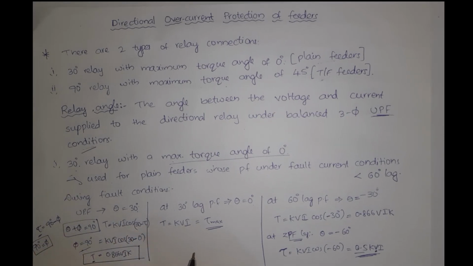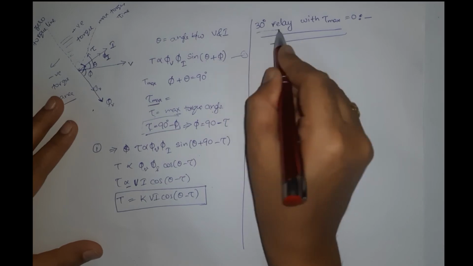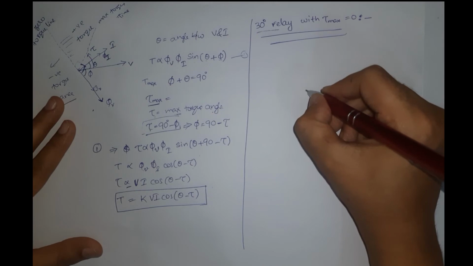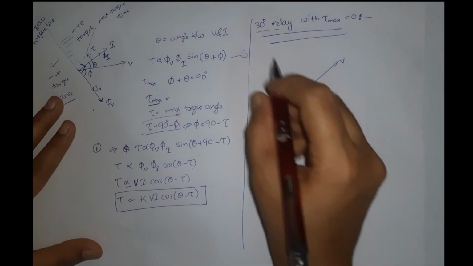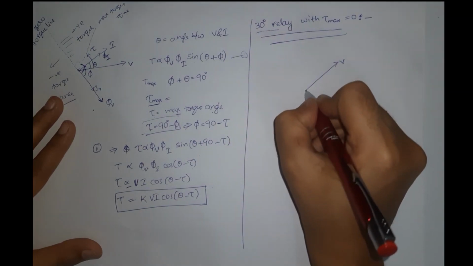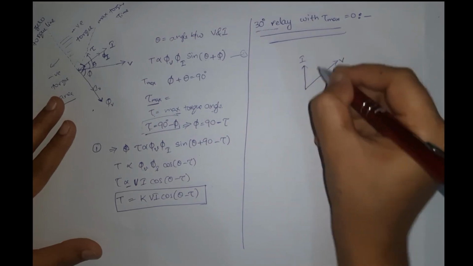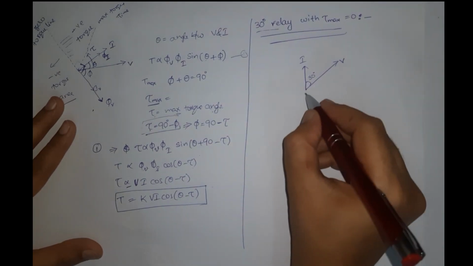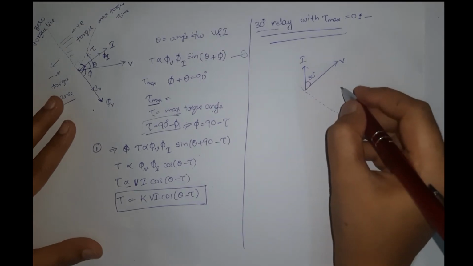Now let us see the phasor diagram of this kind of connection, how it happens. Here the relay angle is 30 degrees, which means voltage and current must have a 30 degrees difference. I am taking voltage here, so my current must be 30 degrees leading, right? I have taken it as I, the angle is 30 degrees. Now we got our phi equal to 90 degrees.